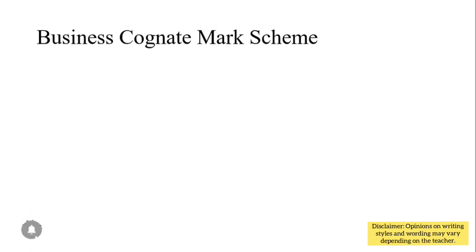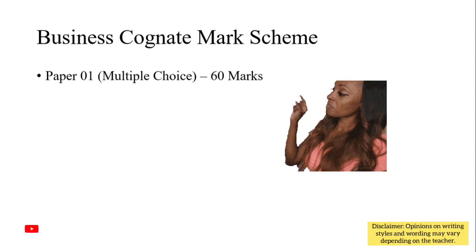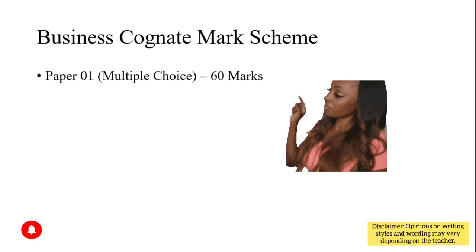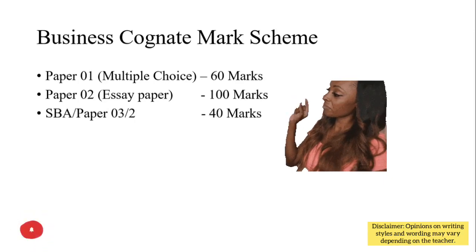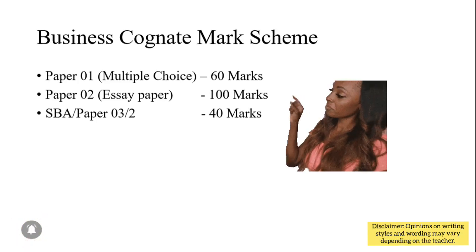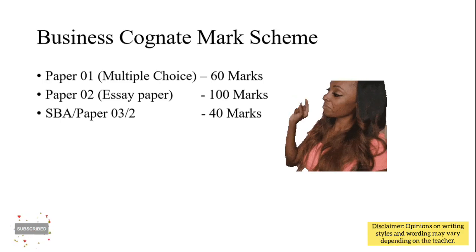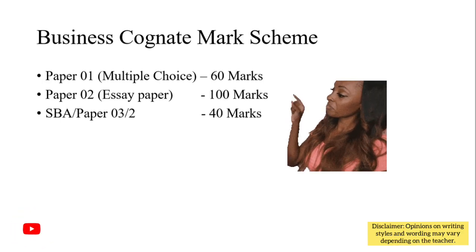Alright, now let's look at the business cognate mark scheme. Paper 1, which is what people normally call the multiple choice, values 60 marks. Paper 2, which is the essay paper, values 100 marks, and the SBA, or paper 3-2, because there are private schools that do not do SBAs, so they do what is called paper 3-2, values 40 marks.